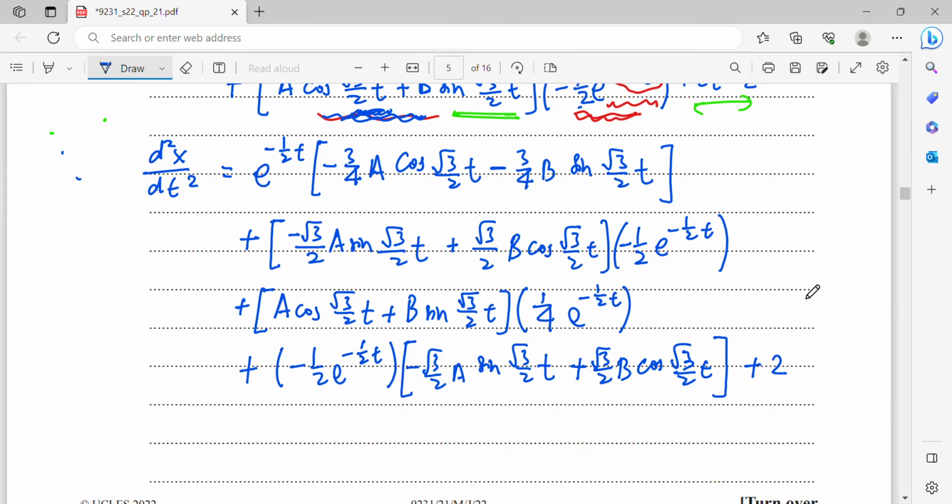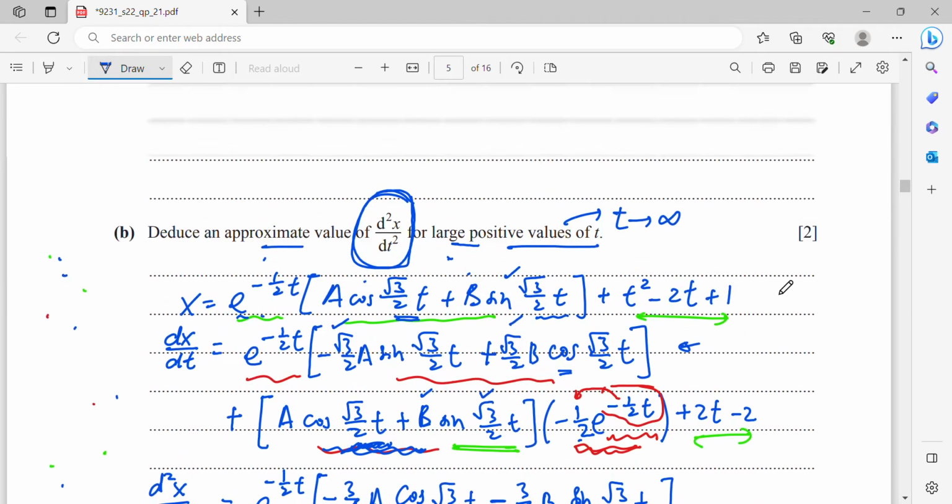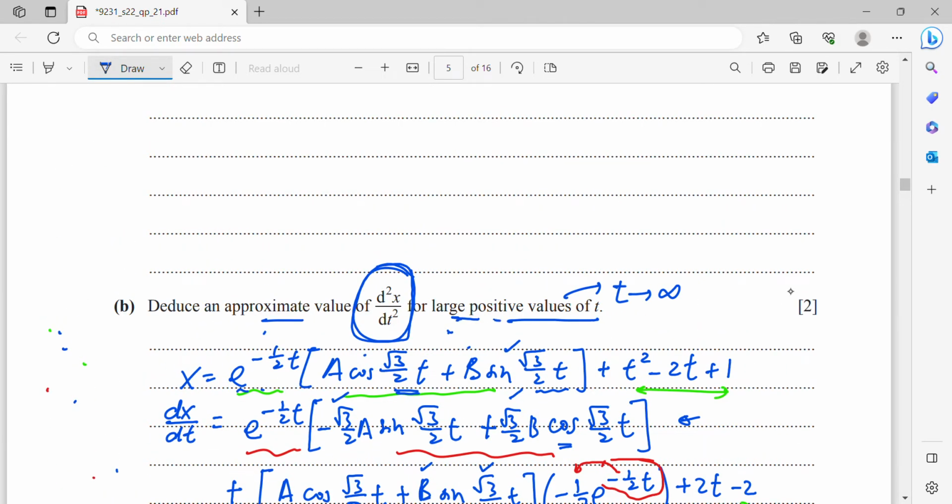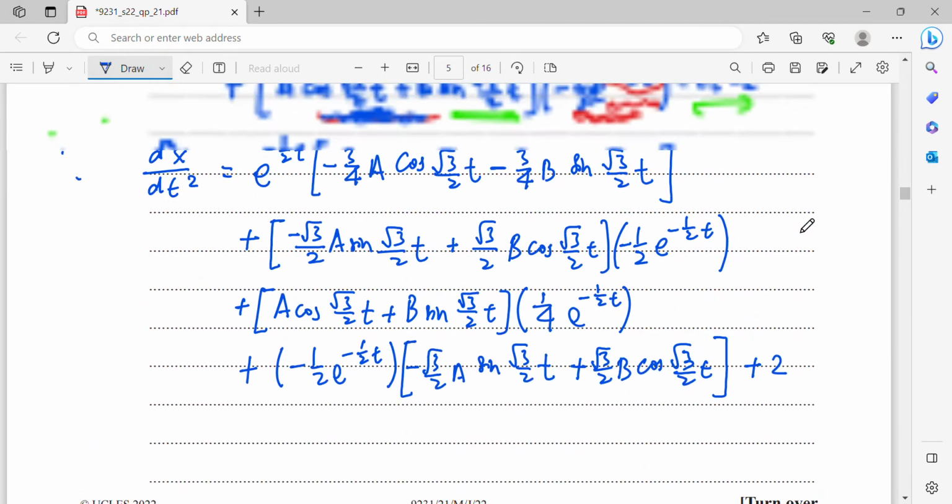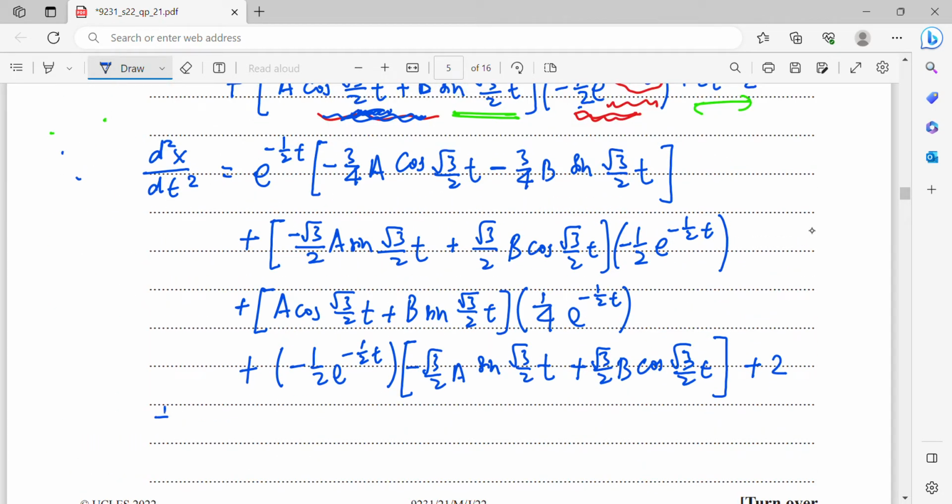Now the question says large positive values of t, which means t tends to infinity. What happens to this? It approaches a value. So we make the conclusion. As t tends to infinity, exponential negative half t tends to 0.